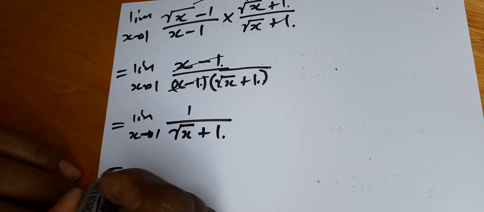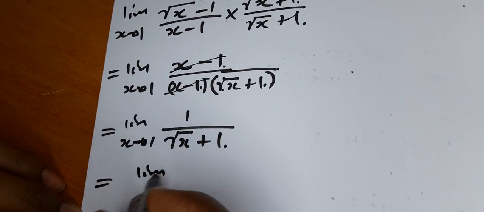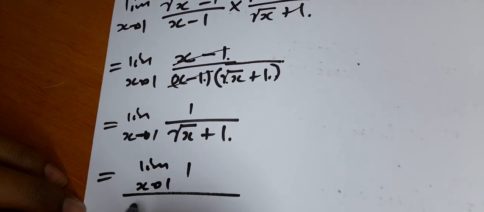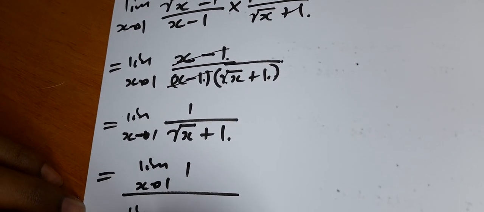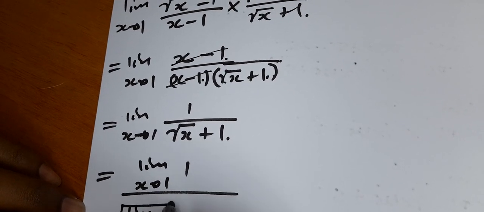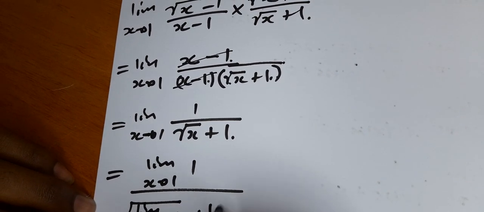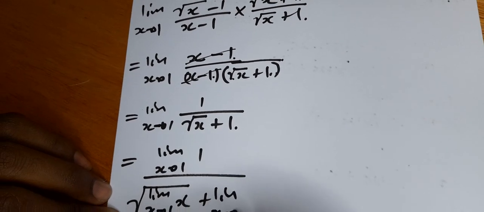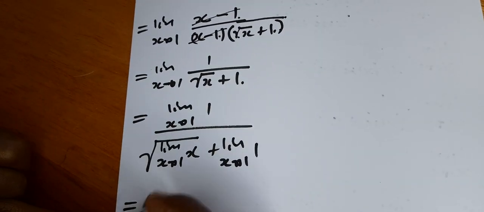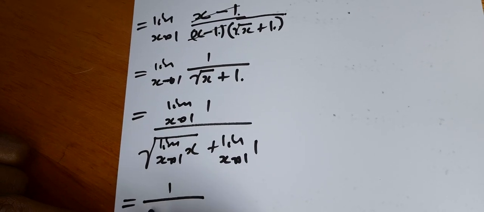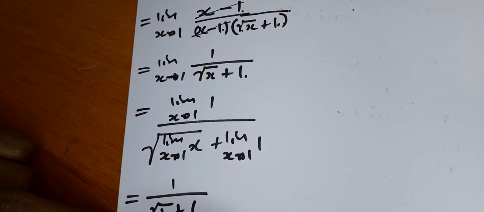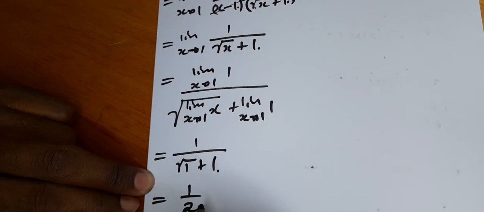And then you distribute your limit. The limit as x approaches 1 of 1 all over the limit as x approaches 1 of the square root of x, plus the limit as x approaches 1 of 1. Now this will be equal to 1 all over the square root of 1 plus 1. Then your answer will be equal to 1 over 2.